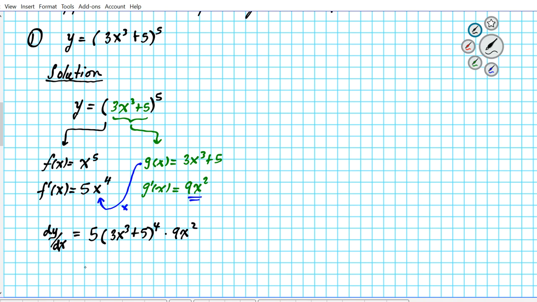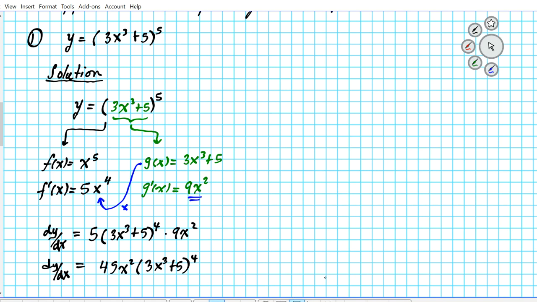Okay, all right, let's simplify that. So 9x squared times 5, that's 45x squared, times 3x to the third plus 5 to the fourth. And there goes the answer to question number 1. Let's call this dy dx.